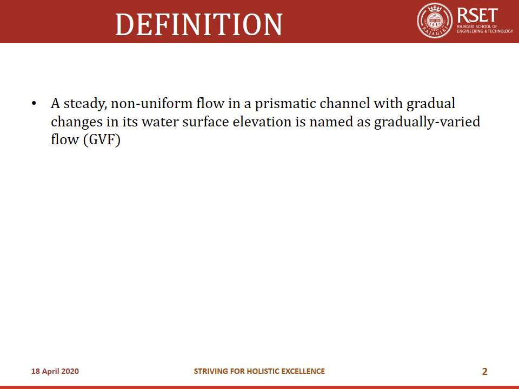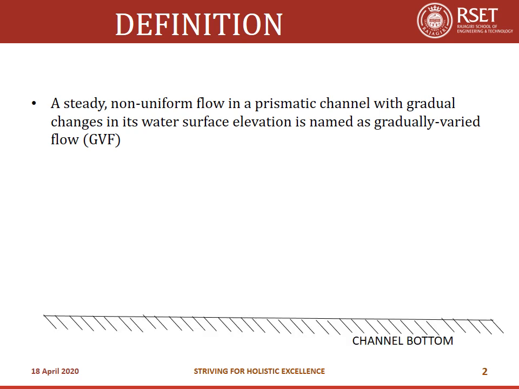So I'll describe GVF to you using a figure. So this is the channel bottom. The flow is taking place and I've also shown the flow direction. Now suppose there is an obstruction in the path of the flow. Now if the flow continues at the same level, it will not be able to overcome the obstruction.